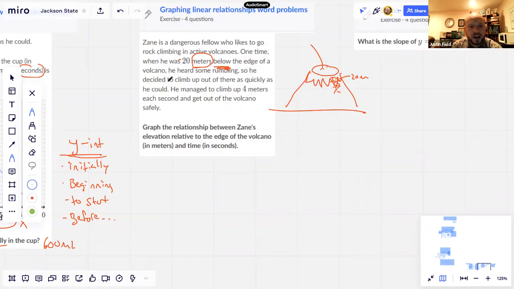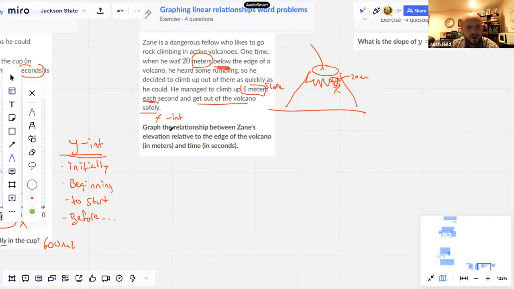So he decided to climb up out of there as quickly as he could. He managed to climb 4 meters each second. Okay. What is this? That's the slope, right? Out of the volcano safely. Sounds like when he got out, that sounds like an x-intercept, right?